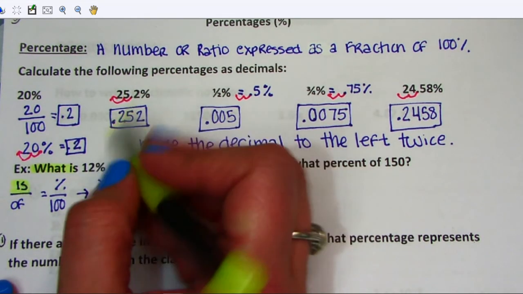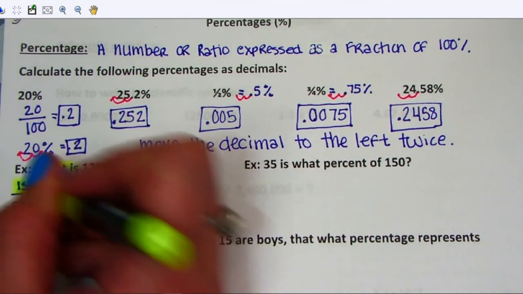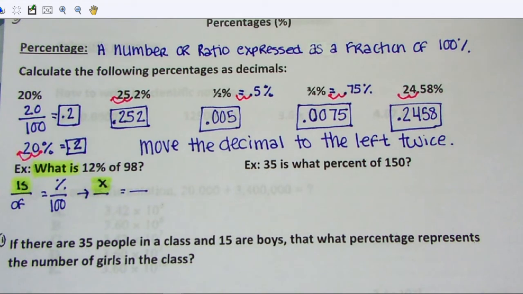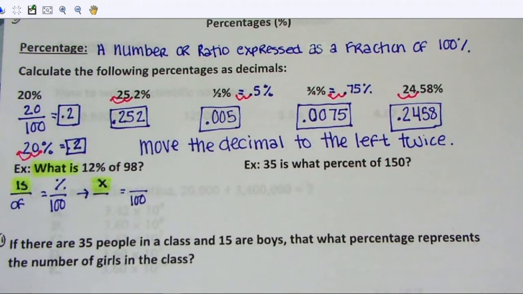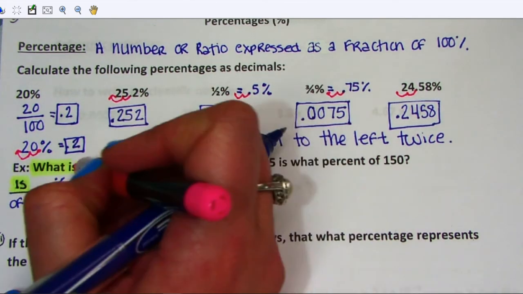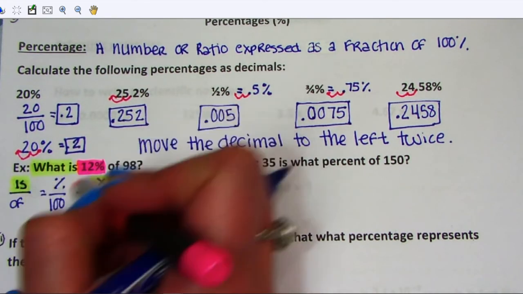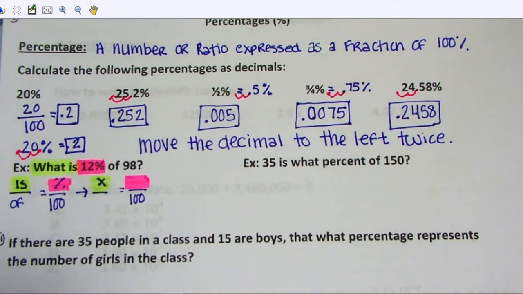So we put an X in the location of the is portion. Then remember, it's always percent over 100. So 100 is always going to be sitting there. We take the percentage in the problem and substitute it where we see the percent. So in our problem, we see 12%, which means when I see the percentage symbol, I'm going to leave it as just 12.